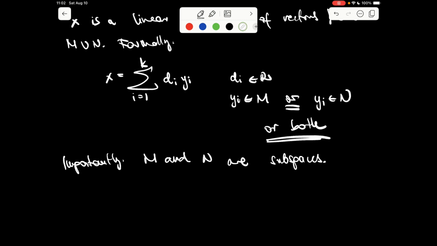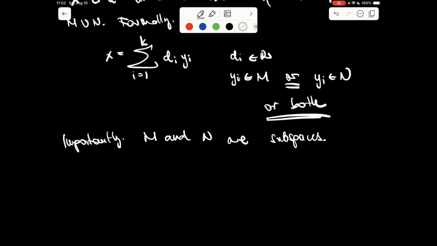It means that a linear combination of vectors from M is in M, and any linear combination of vectors from N remains in N. See page 14 of the book, and we will use this characteristic in this proof.